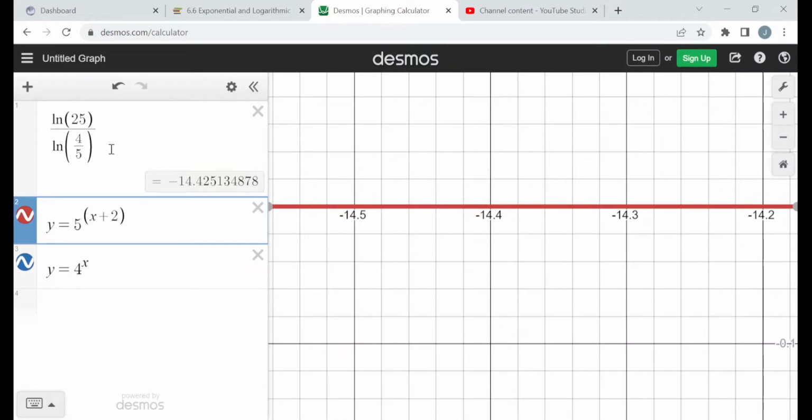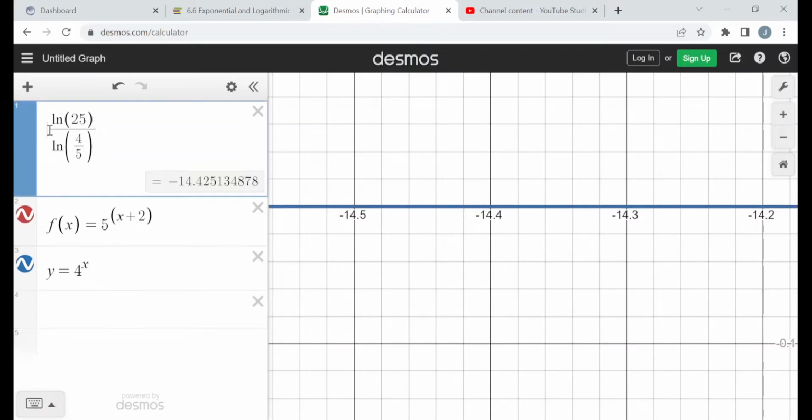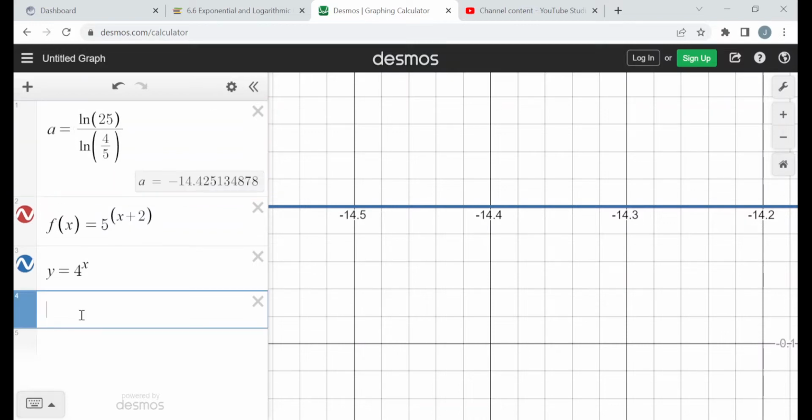Well, you know what I'm going to do instead? I'll plot this point. So I'll call this function f of x instead. And then I'm going to call this a. And then down here I'll plot the point a comma f of a.